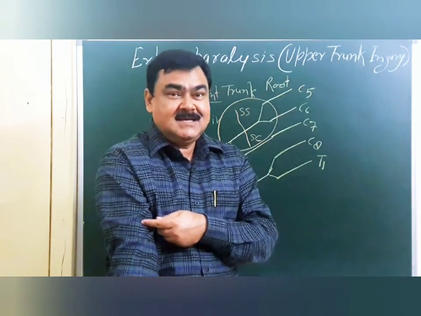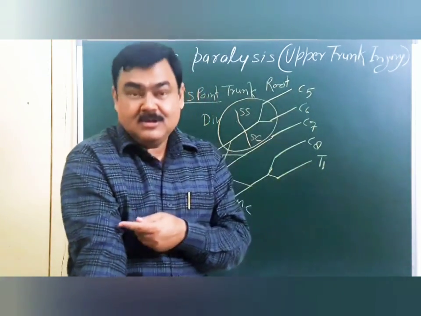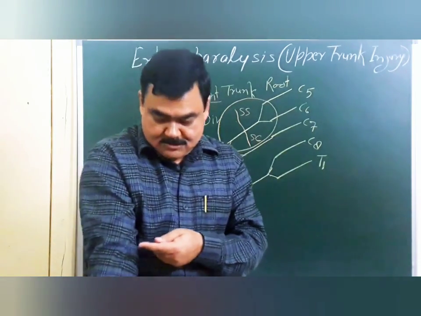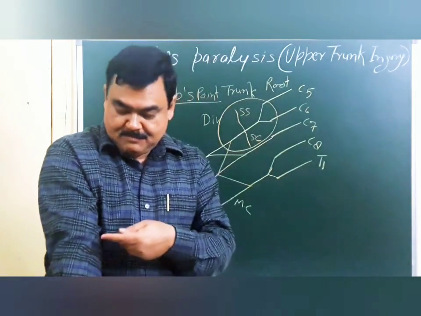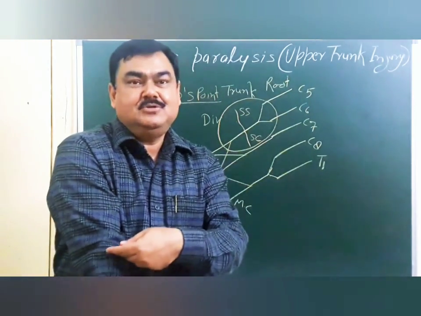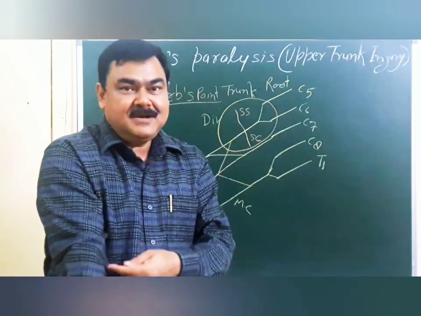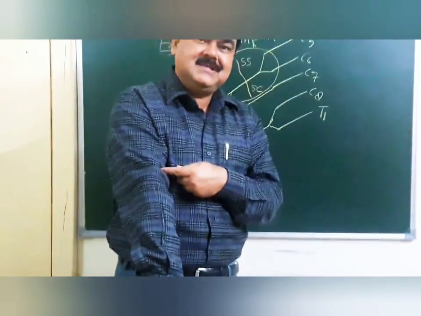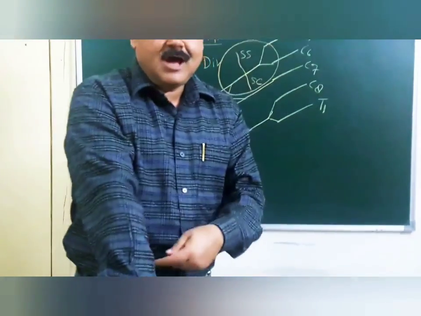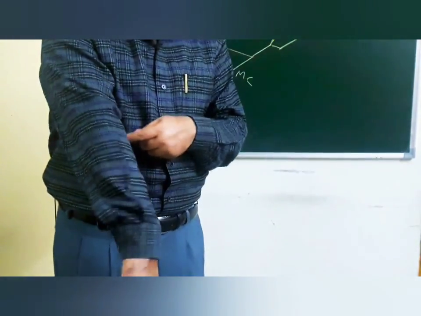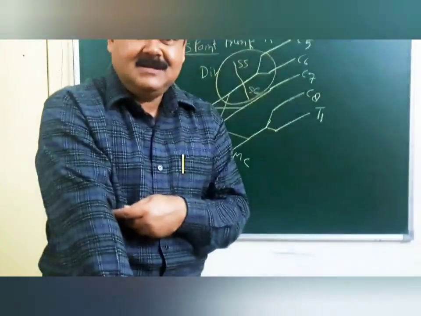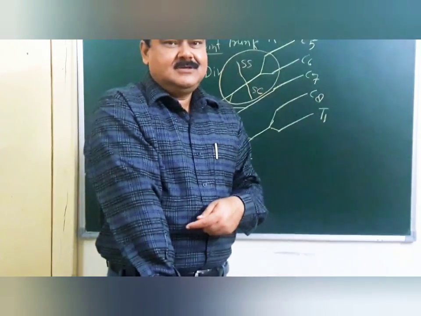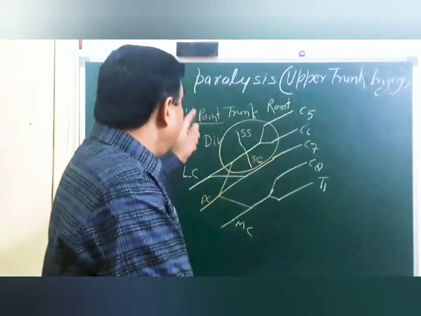C5 and C6 are affected, so biceps brachii action becomes affected. Due to palsy of this muscle, this joint becomes extended. And for pronation, again due to palsy of the biceps brachii, which is a supinator, the forearm is pronated. So this is all about the Erb's palsy.